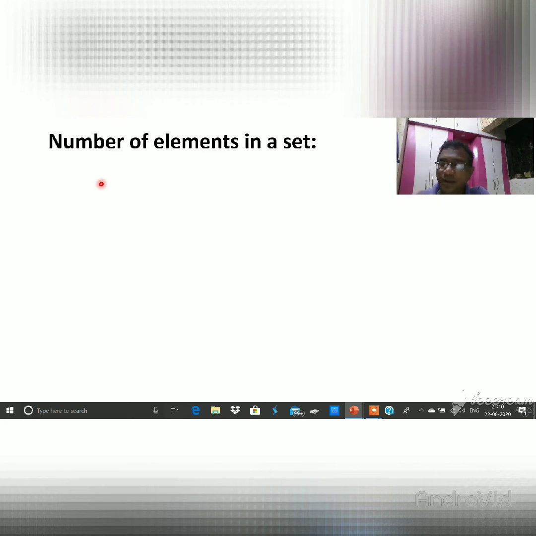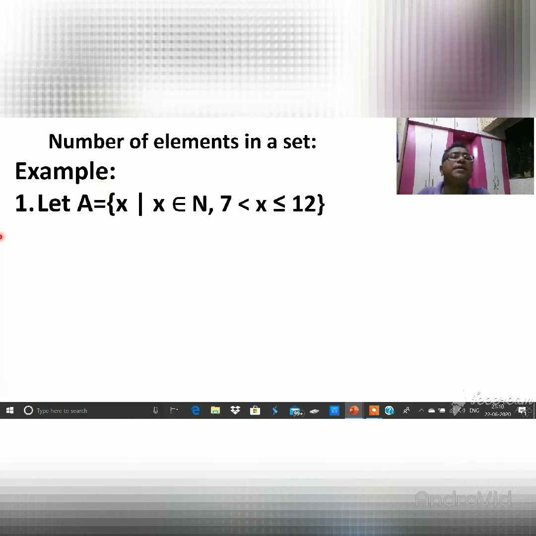In the same way, we find the number of elements of a set. See here, A is the set of x such that x belongs to the natural numbers and 7 is smaller than x, and x is smaller than or equal to 12. This sign shows equal to.